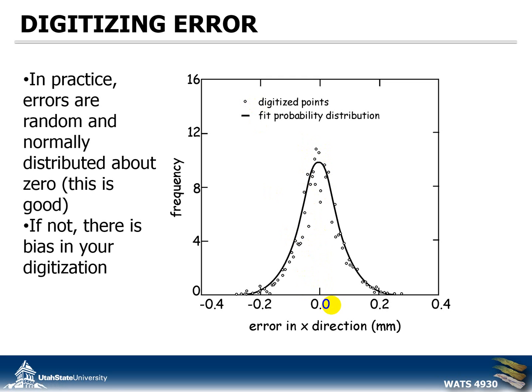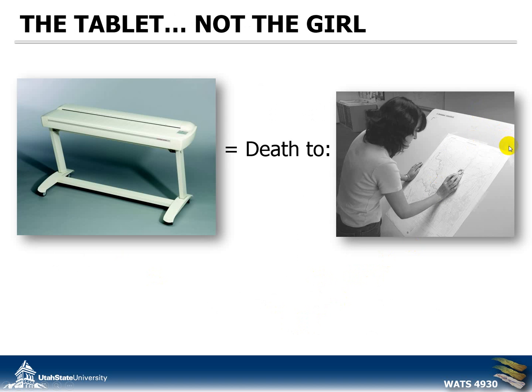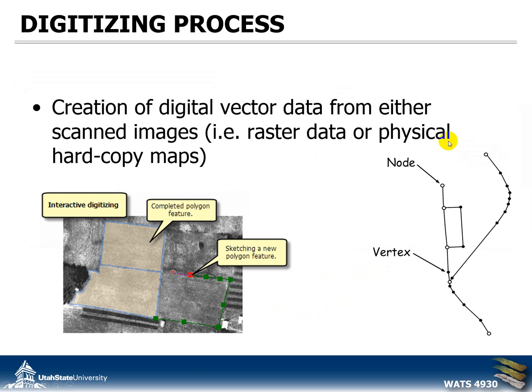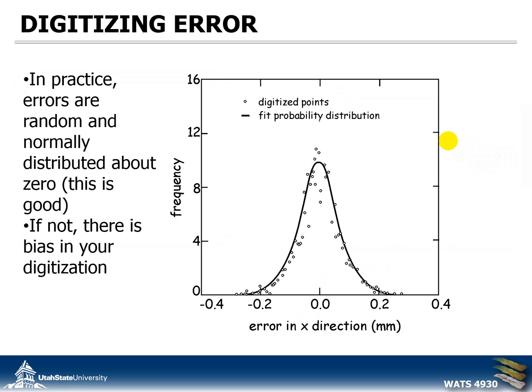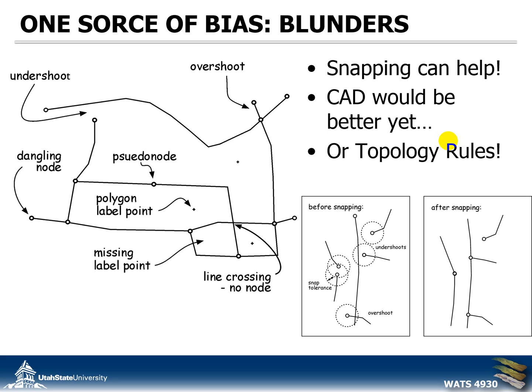In practice, your errors are random. Typically, we assume that they're normally distributed about 0. It's a good thing if they are; if not, you've got bias in your digitization. So, for example, on this tablet, you might have clicked in a biased fashion, always to the right of something, as opposed to sometimes getting it to the right, sometimes getting it to the left, etc.